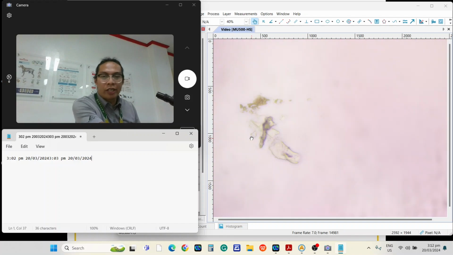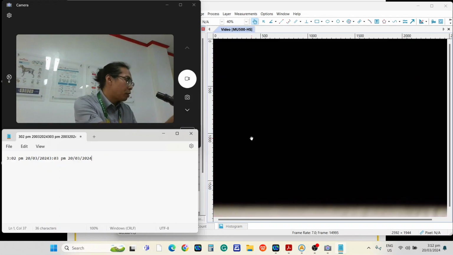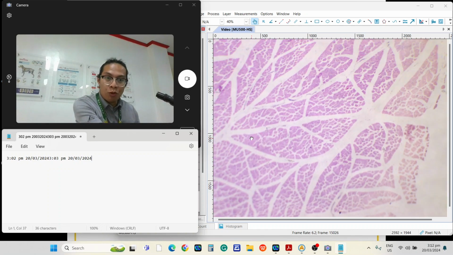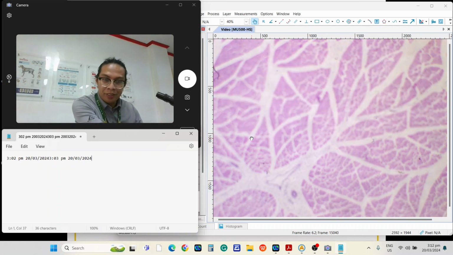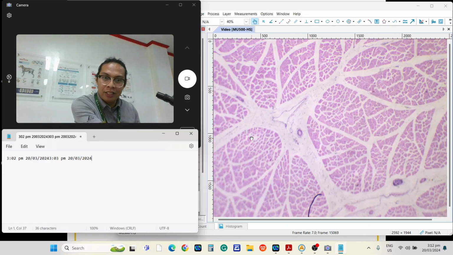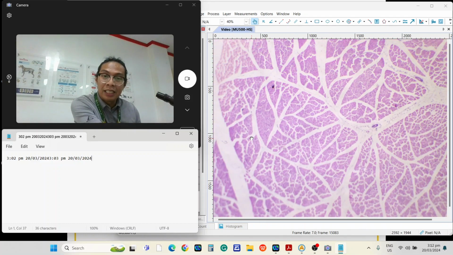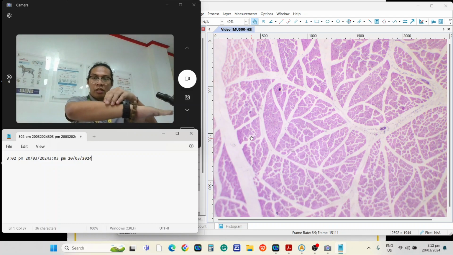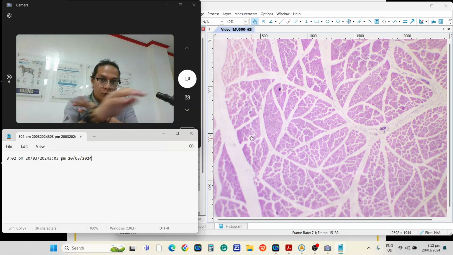Now, as an organ, meron pa siyang iba't ibang tissue na bumubuo sa kanya. This is a skeletal muscle. This skeletal muscle is a cross section. Kung ito ang muscle, cross section siya across its fibers.